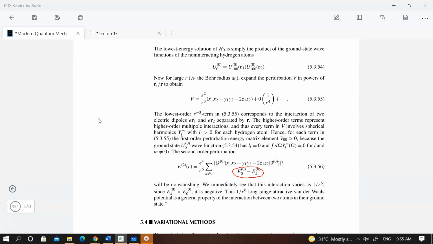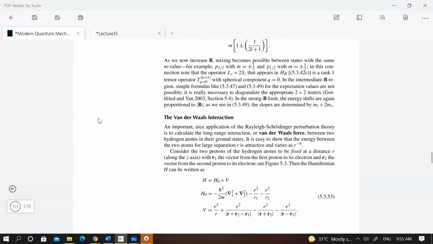Okay, so that is essentially coming from the second order perturbation term, but the main thing that one gets over here is this thing. Okay, you get this 1 over R6 dependence. And this is the thing that we have claimed earlier.